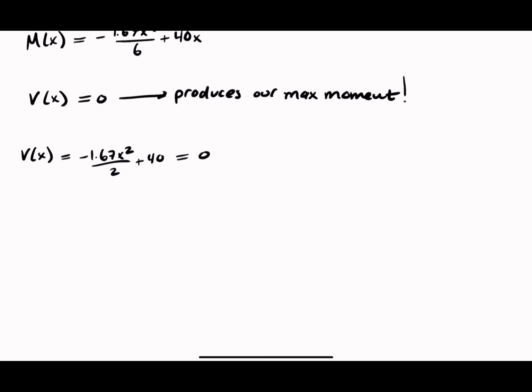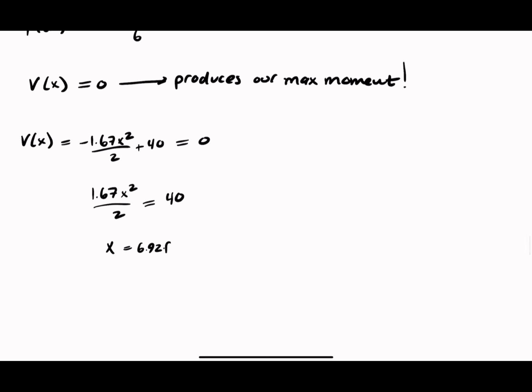If we solve that, we get x is equal to 6.92, and that's in feet. So at 6.92 feet, that's when the shear is 0.